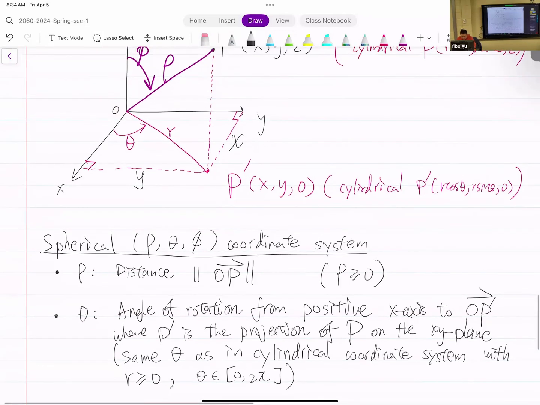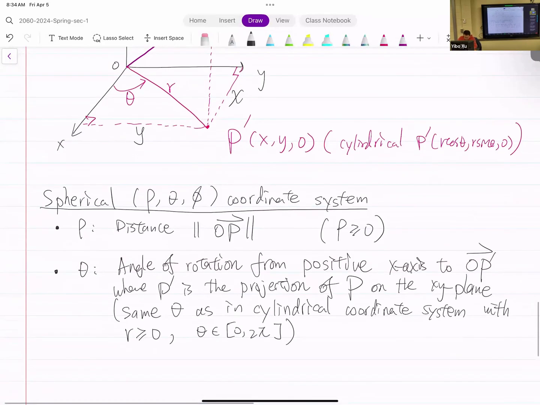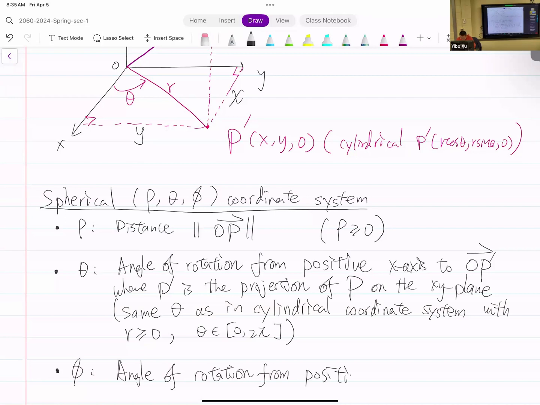And finally, the only thing new is that phi. Okay. And as we described, phi is the angle of rotation from the positive z-axis to the direction OP.